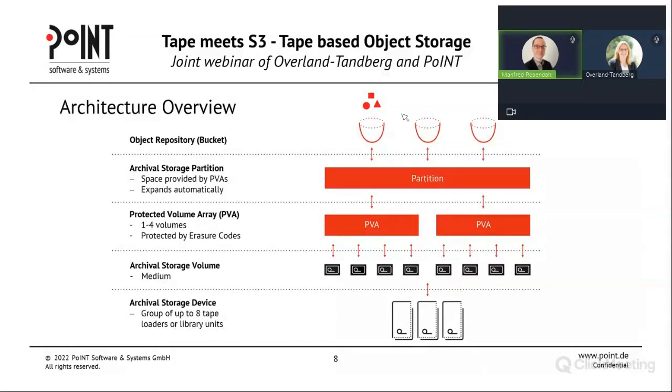And we take multiple PVAs to create a partition, which is just a logical unit in our software. And then we can create S3 buckets in that partition. When you define your erasure code rate for a partition, the allocation is not limited to one library, but we can take multiple libraries to distribute the erasure code segments to different libraries.